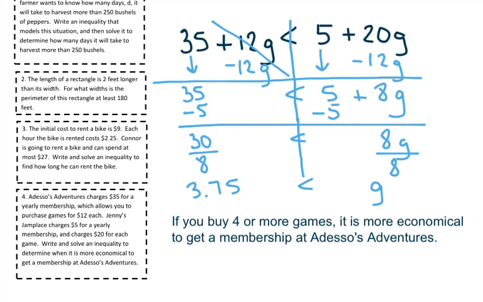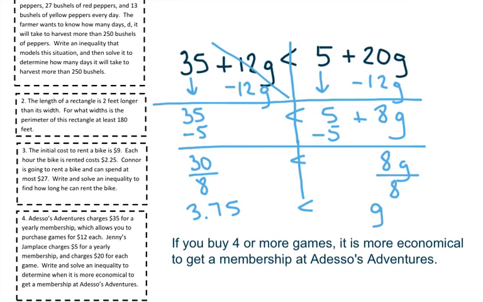Since this g has to be greater than 3.75. And that sums up the 4 problems you had for notes.